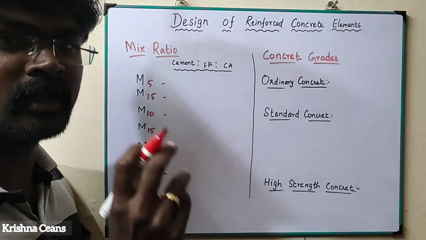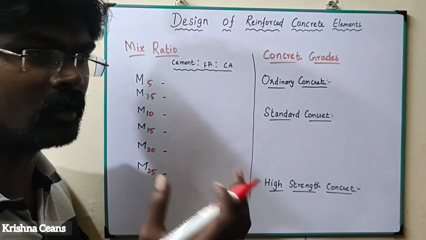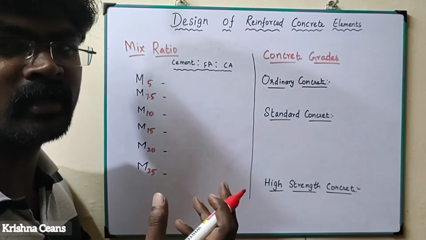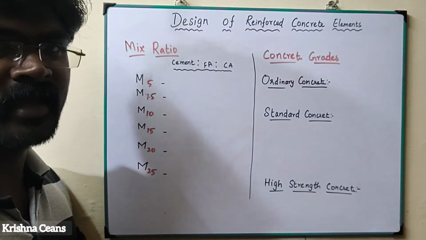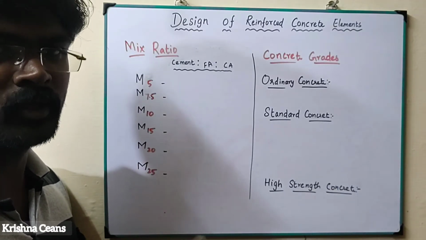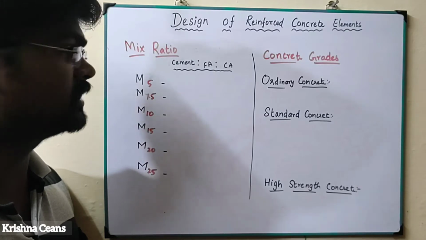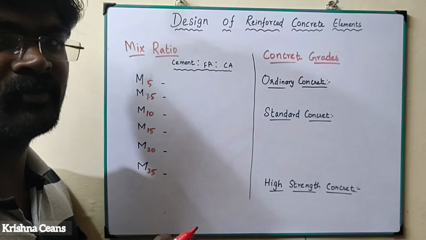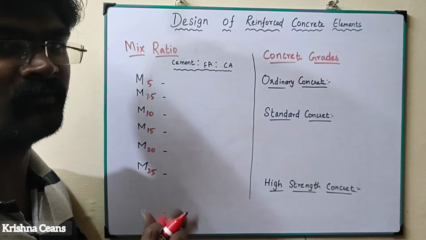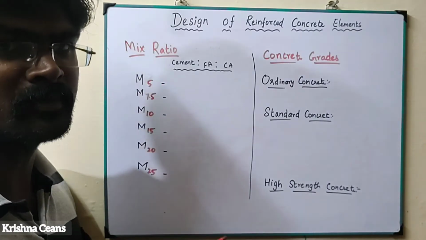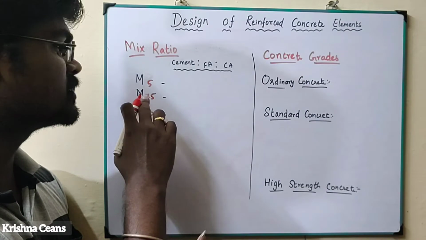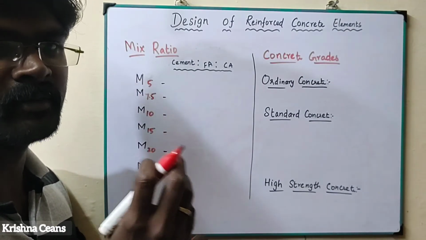We cure the concrete for 7 days, 14 days, 21 days, 28 days. After 28 days, we take the compressive strength using a UTM, universal testing machine. At that time we get the strength of the concrete. That strength will be 5 Newton per mm square, and similarly M7.5 is 7.5 Newton per mm square.